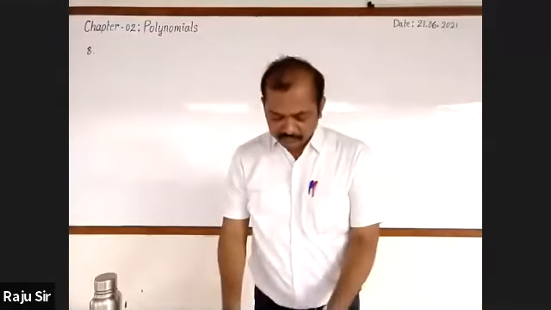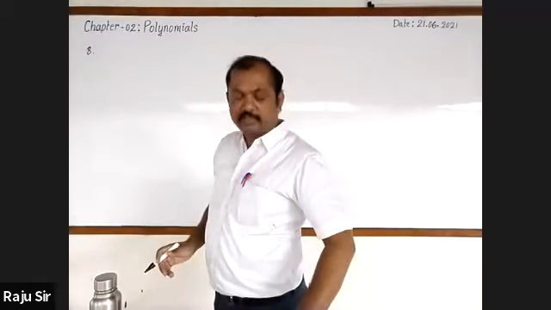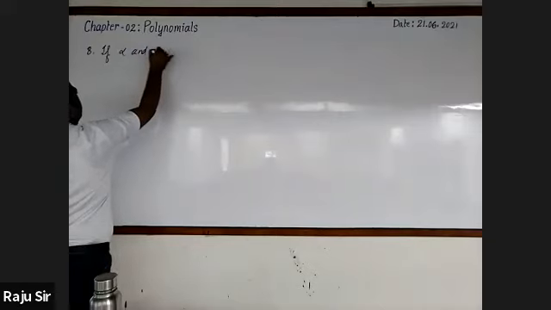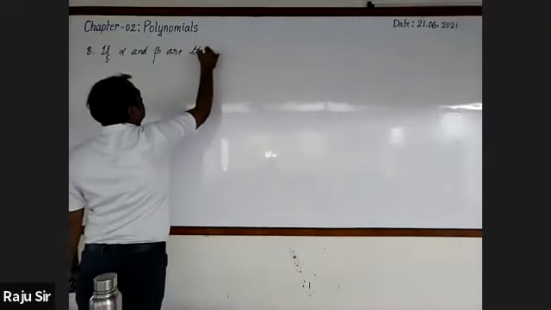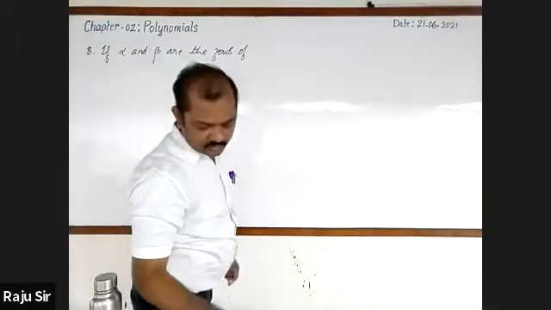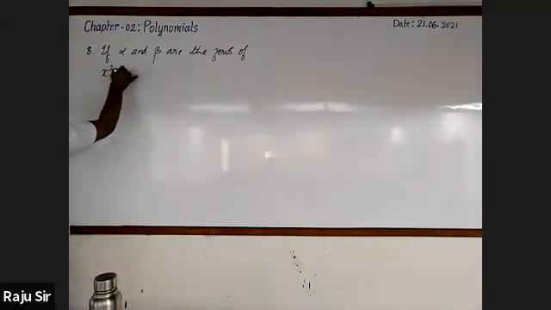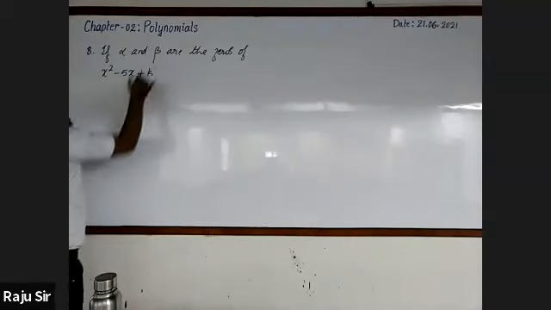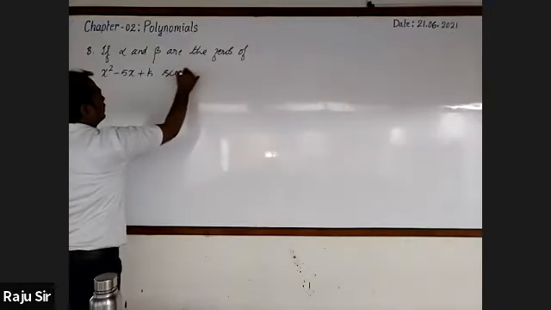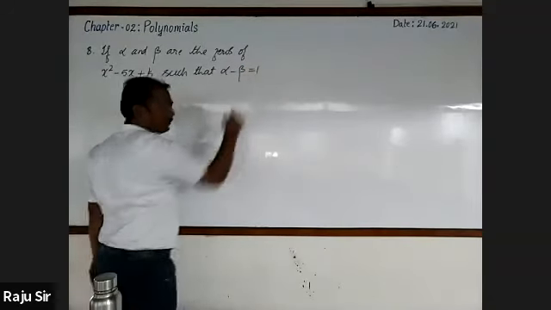Go on writing with me. It is, if alpha and beta are the zeros of the polynomial x square minus 5x plus k, such that alpha minus beta is equal to 1.